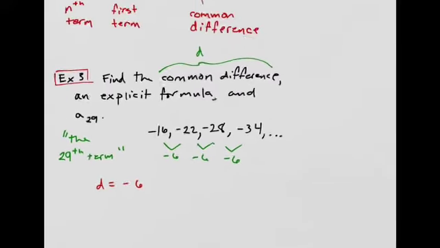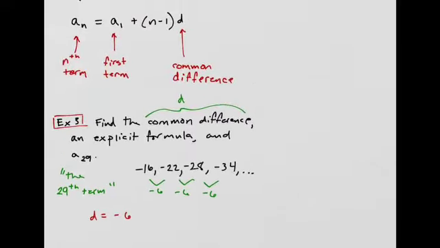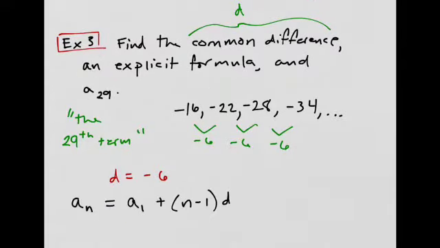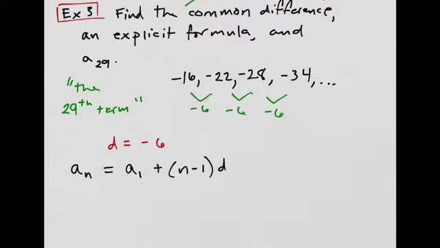How can we use our formula? Because it says find an explicit formula, we're going to say just a sub n, because that's the nth term. We want a formula for the nth term, for whatever term we want. What is the first term?